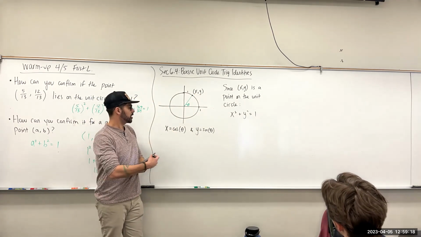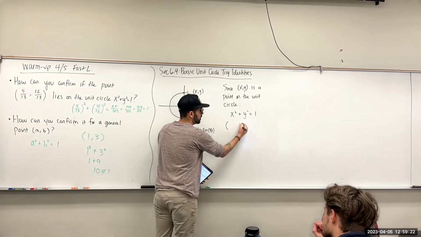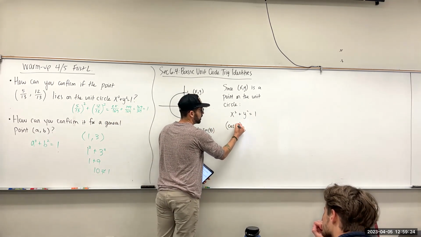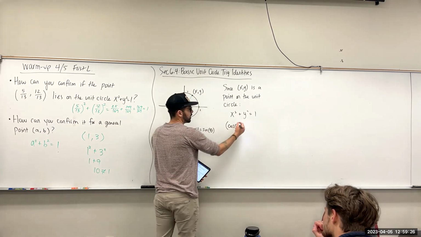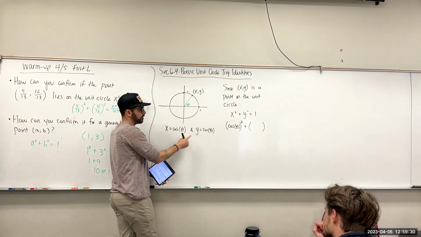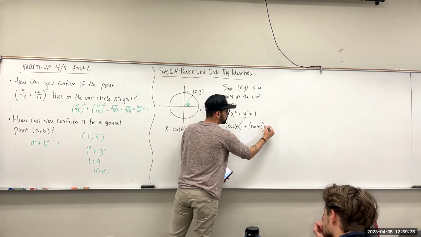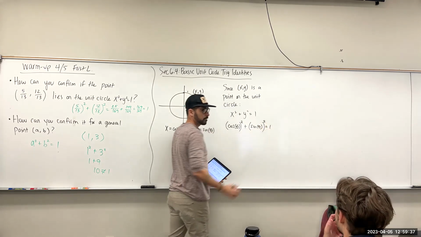Cosine. So we're going to substitute the x with cosine instead. So this is equivalent to saying that cosine of this angle, when I square that, and when I plug in y and replace it with sine of theta, that better be equal to 1.